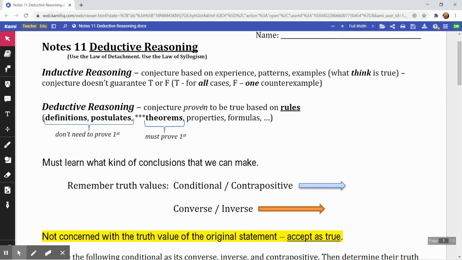So rather than guessing whether or not a claim can be made, it's going to be very methodical, where we use either definitions or postulates of things that we know, or theorems that we have shown to be true. And theorems are just ideas people have had, and they have proven them at some point, and so now it's okay for us to use them.